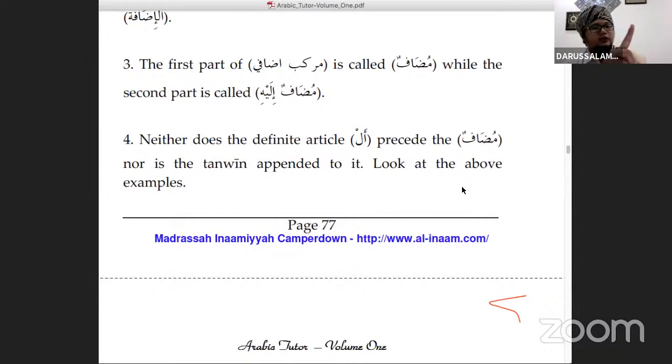Okay, so for example, Kitabu Zaidin, you cannot say Al Kitabu Zaidin. And you cannot say with tanween as well. You cannot say Kitabun Zaidin. May be wrong. The mudaf must always be without the alif lam and without tanween. Understand?